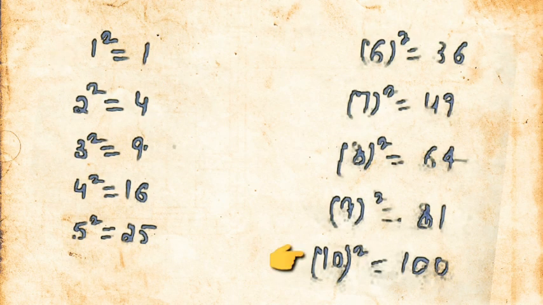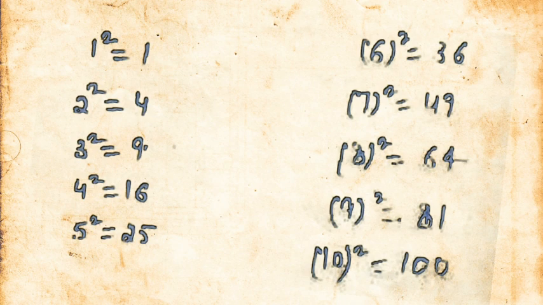So students, from number 1 to 100, we have only 10 perfect squares. If we talk about 1 to 100, the perfect squares are 1, 4, 9, 16, 25, 36, 49, 64, 81, 100.